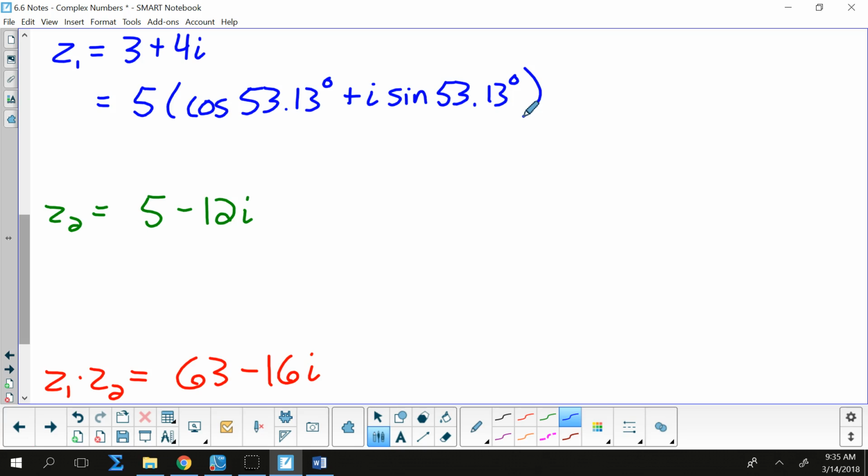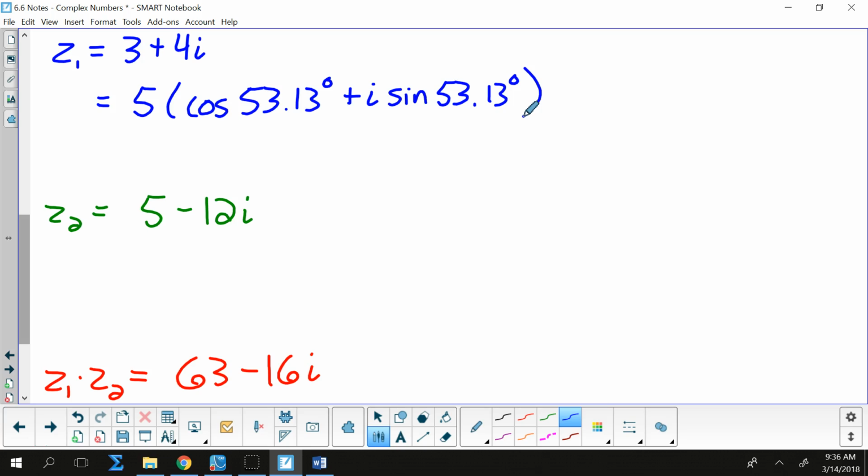Okay, so green and red people, write that down. Because you'd have 3 squared plus 4 squared is 9 plus 16, 25. Square root of 25 is 5. Inverse tangent of 4 over 3 is 53.1 degrees. We're in quadrant 1. Works for me.